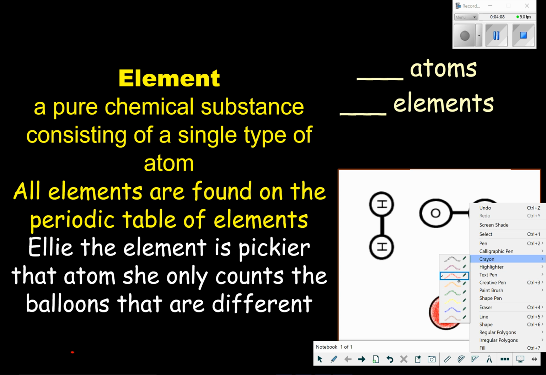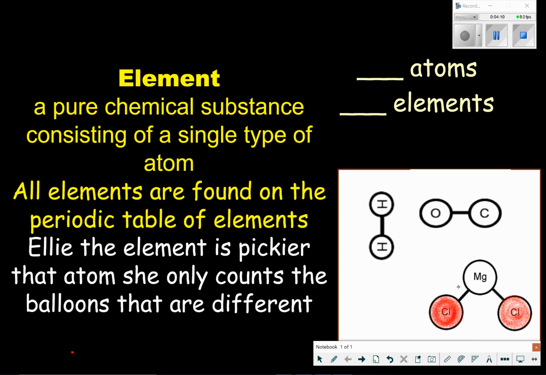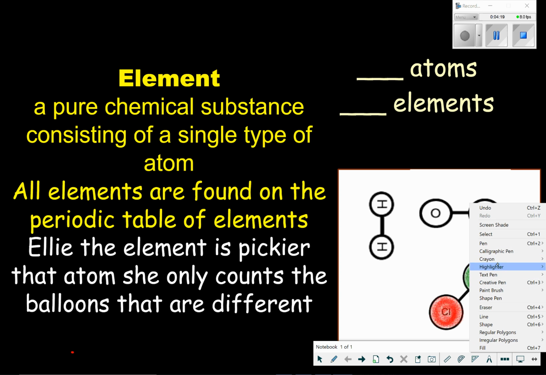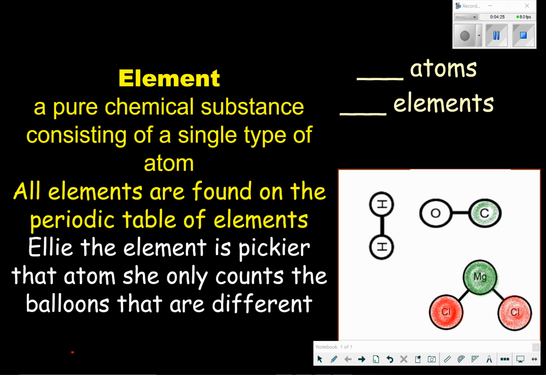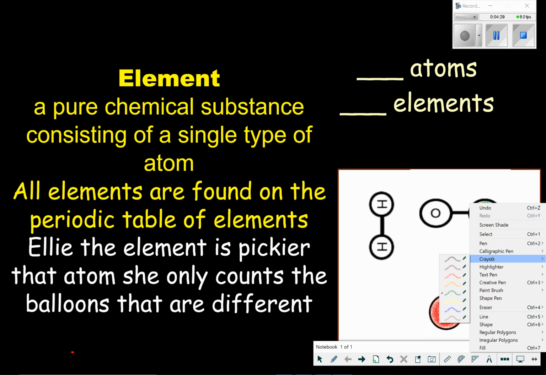Now, we're going to change colors here. We're going to make the magnesiums green. Mg stands for magnesium. Carbon, we're going to make blue. Oops, that's green. I don't want it to be green. I want it to be blue.